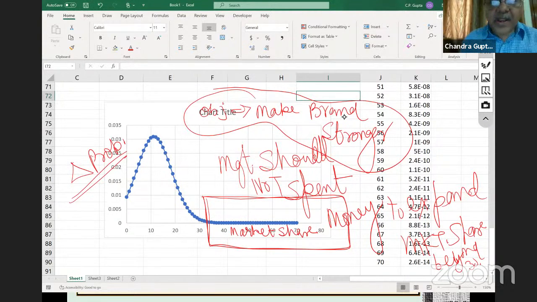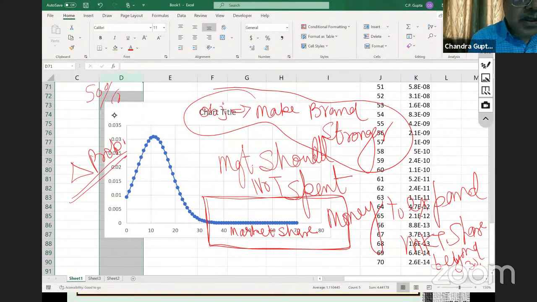So if you already have market share of say 50%, right? And you want to make your brand stronger, and for that you are spending a lot of money, that will not give you the good results, because the probability of improving your brand is almost negligible. So forget about it.